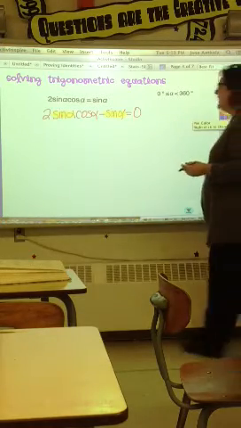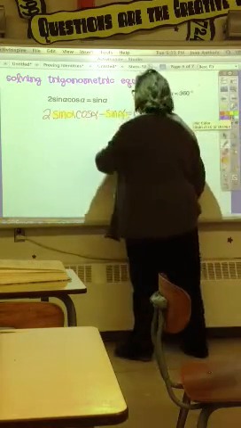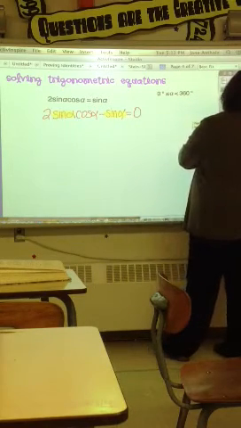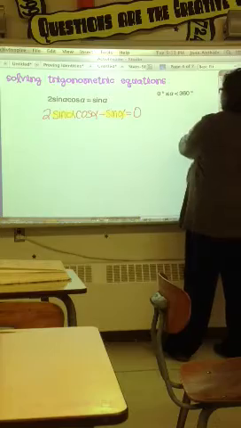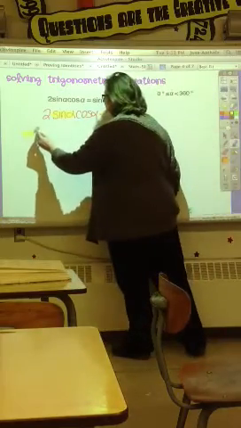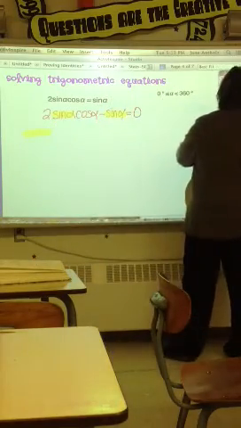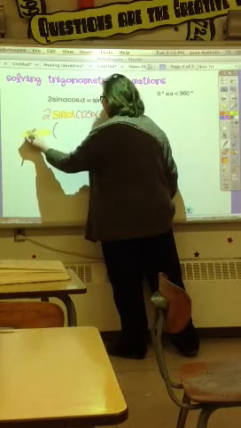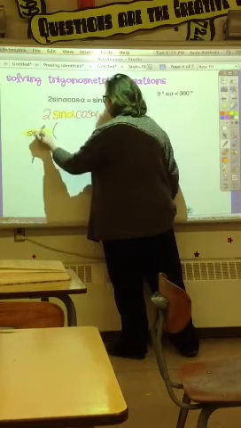And so if I factor out that common factor, if you want to think of it as the yellow box, I'm going to factor out the yellow box. And that yellow box contains sine of alpha.